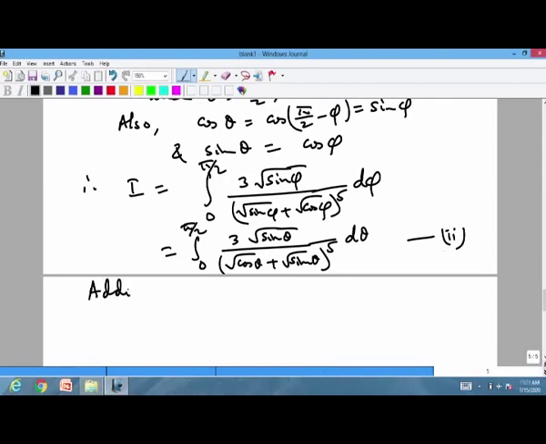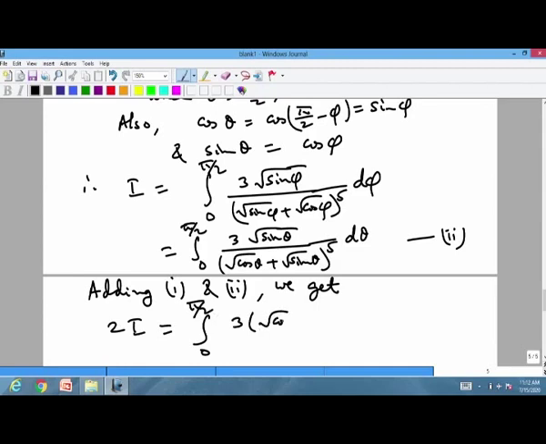So, adding 1 and 2 we get 2 times I is equal to integral of 0 to pi by 2 of 3 times square root of cos theta plus square root of sin theta divided by square root of cos theta plus square root of sin theta raised to power 5 d theta.